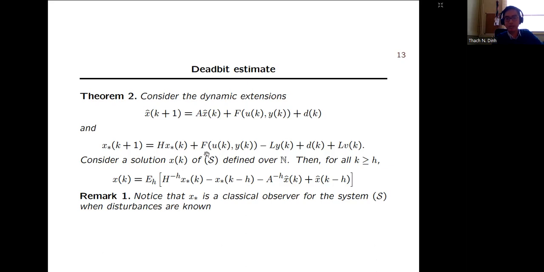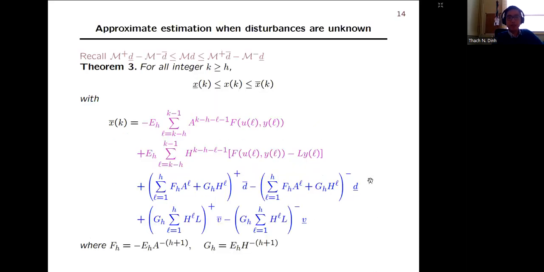So we can replace the purple terms and the blue terms by some dynamics, and we can compute the real state of the system for k greater than S. So it is the exact estimate.